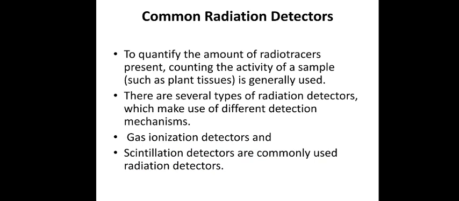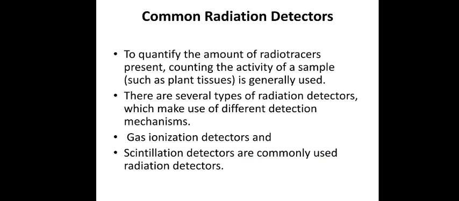Now, what are the different techniques that are used in radiotracer techniques? One of them is the use of common radiation detectors. Here, what we do is add a radiotracer element. It might bind to a chemical of your interest, so you are using a radioactive element which is complementary to the chemical of your interest.